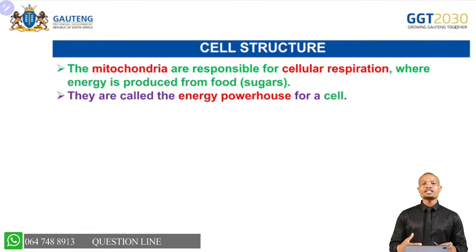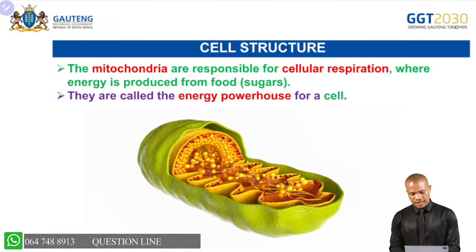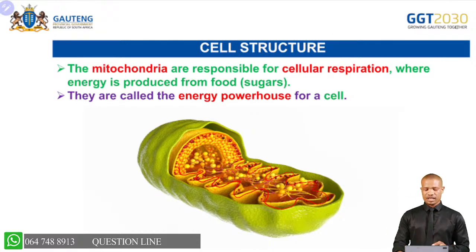So we call them the energy powerhouse. Right, and the structure of a mitochondria would look like a sausage with these lines like that. It has these zigzaggy things. This is how you identify your mitochondria.